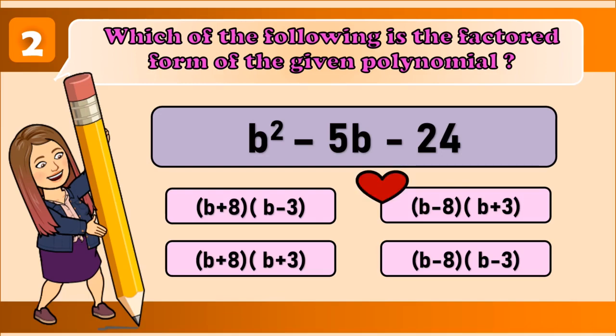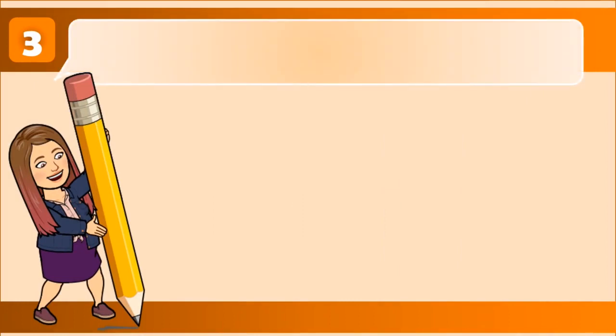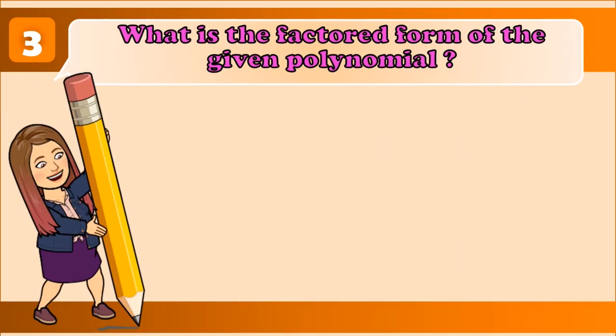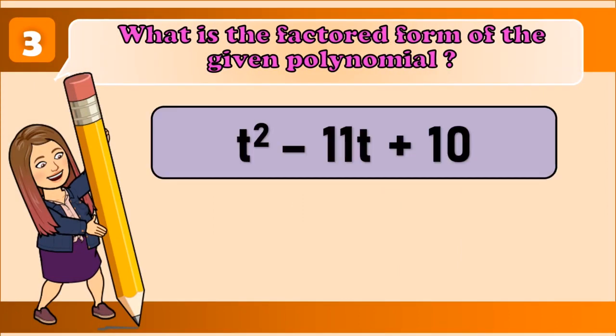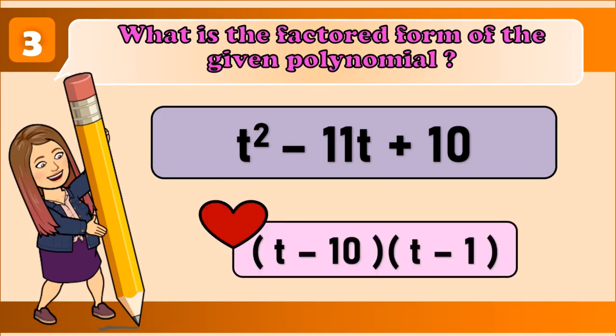It's the quantity of b minus 8 multiplied with the quantity of b plus 3. Lastly, let's have this. There are no choices given. Try it out on your own. Pause. Do you have the answer? Yes. It's the quantity of t minus 10 multiplied with the quantity of t minus 1.